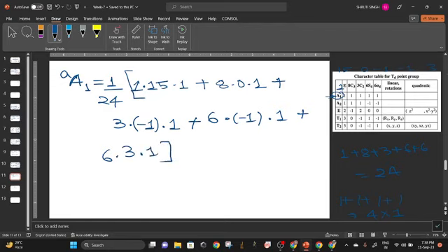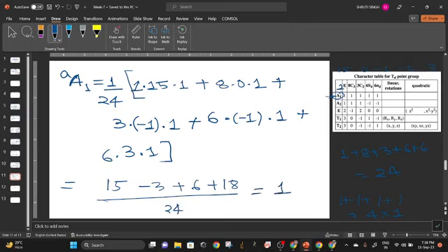So for A1 we have completed all the symmetry operations, giving 5 terms. After solving, it comes to 15 minus 3, plus 0 because we multiplied by 0, then 6, then 18, all divided by 24, which is 24 by 24 equals 1.